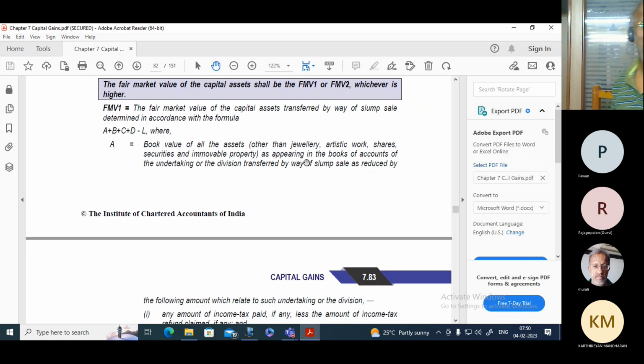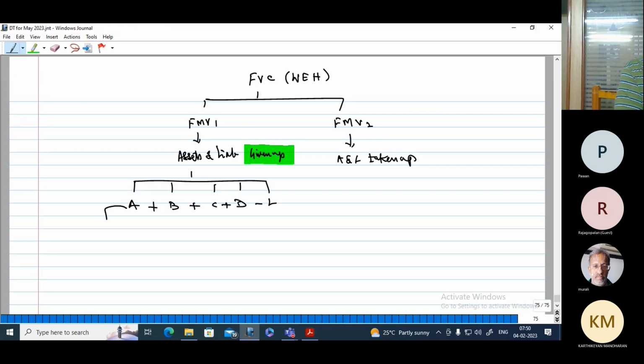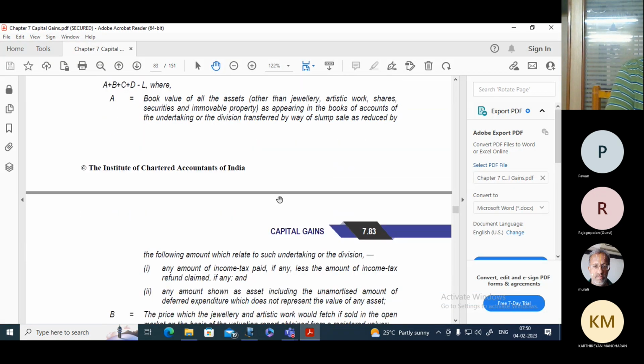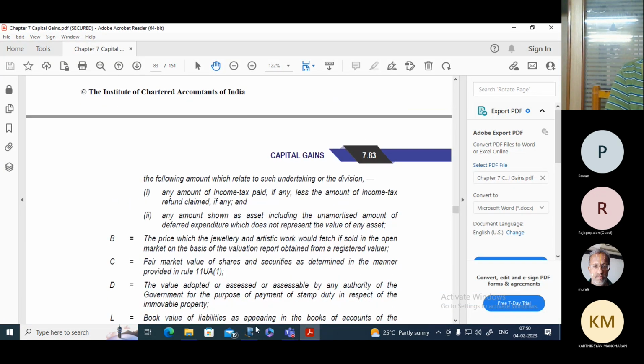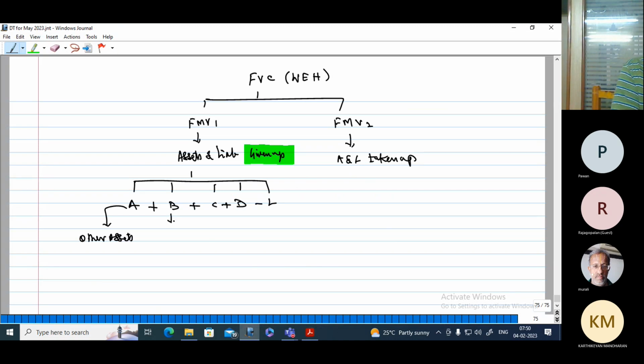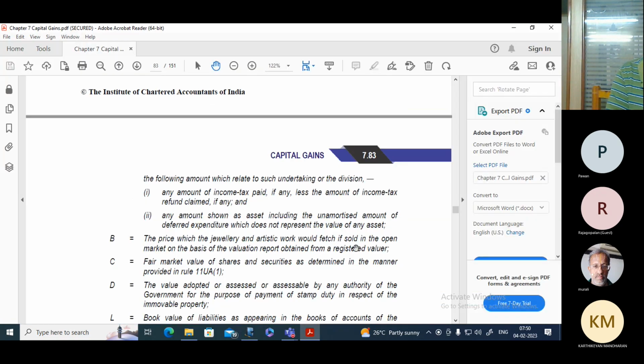So, book value of the assets other than jewelry, artistic work, immovable property. I will put this way as other assets. Correct? Then what is that B? Jewelry, artistic work. Am I right?